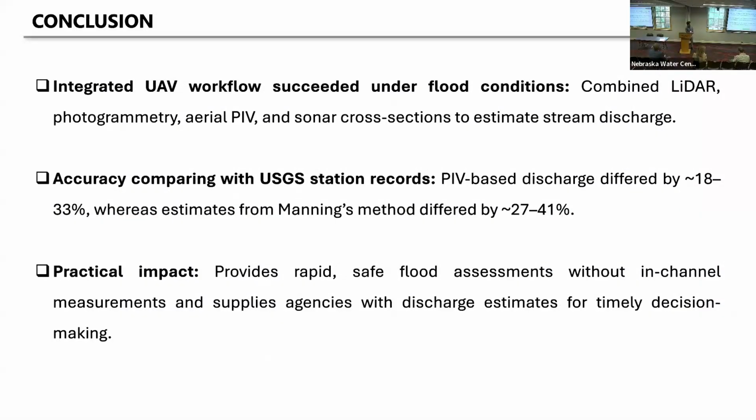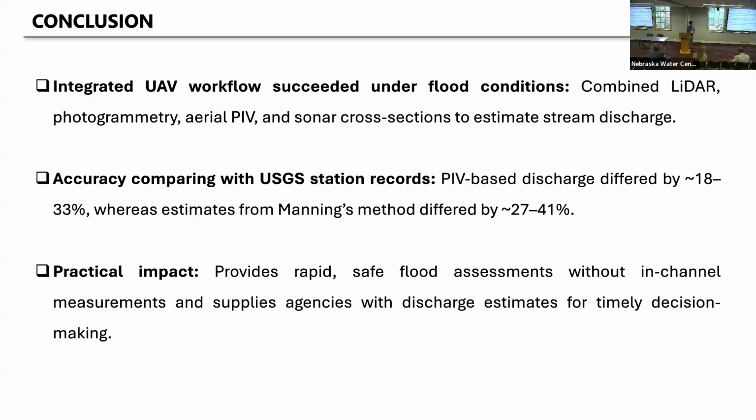So we integrated the UAV workflow successfully under flood conditions. We combined LiDAR, photogrammetry and PIV to estimate the stream velocity and discharge. The error is about 18 to 33% using PIV-based discharge estimation, and about 27 to 41% using Manning's method.